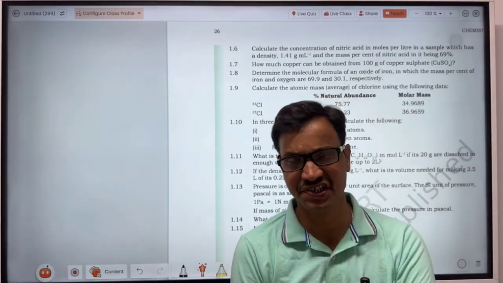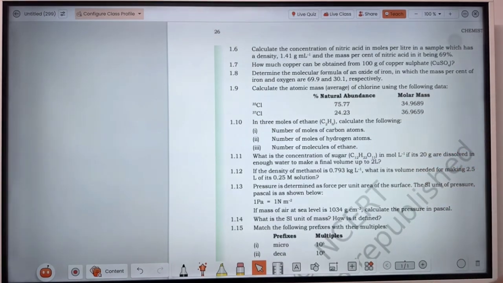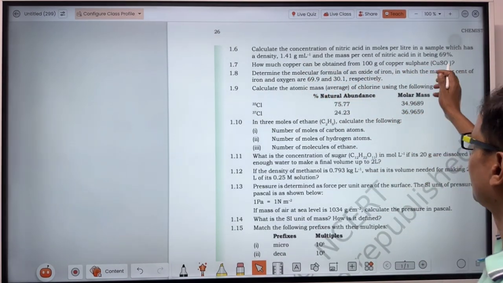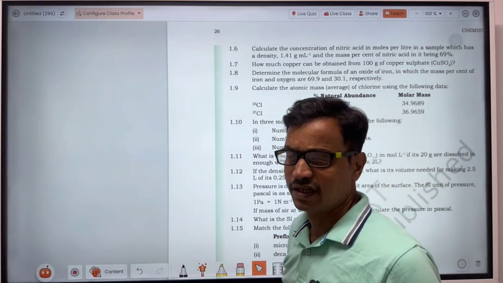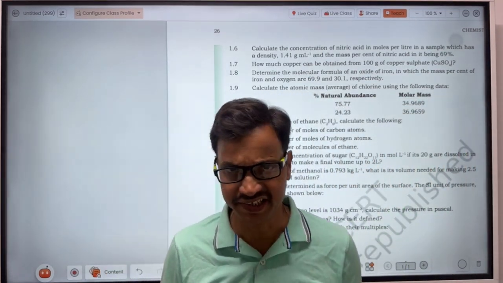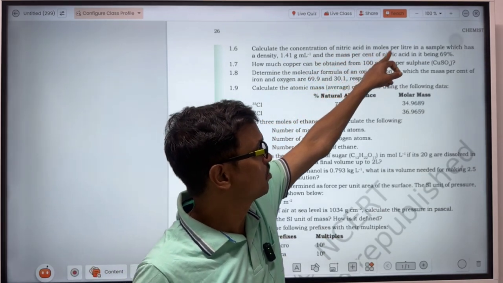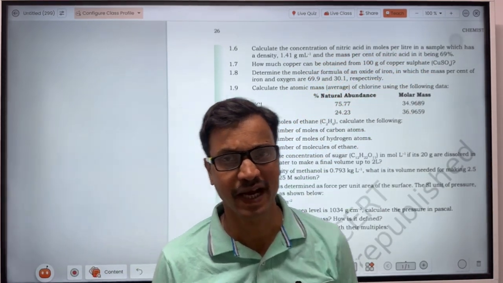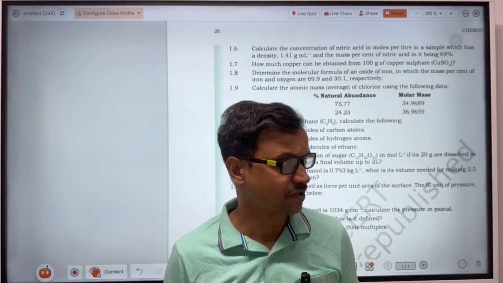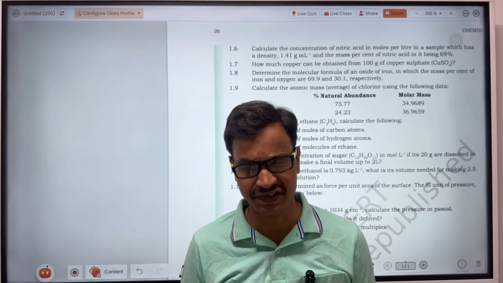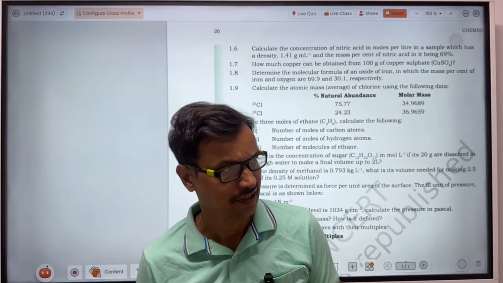That means in this question the density of the solution and the mass percentage have been given, and its molarity has to be found. That is the concentration in terms of moles per liter. So you will have to calculate the concentration of nitric acid in moles per liter, or in terms of molarity.